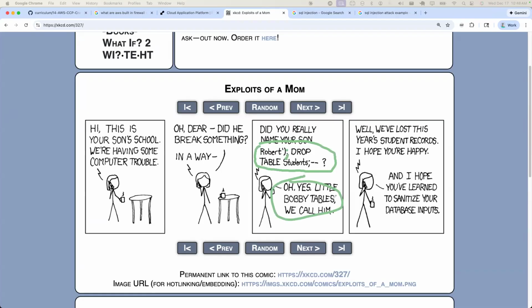And the joke is, our nickname is Little Bobby Tables. Somewhere in the school's database, they weren't checking for SQL injection attacks. And because this was the student's name, it dropped the students table. XKCD, by the way, I highly recommend. It is a great webcomic.